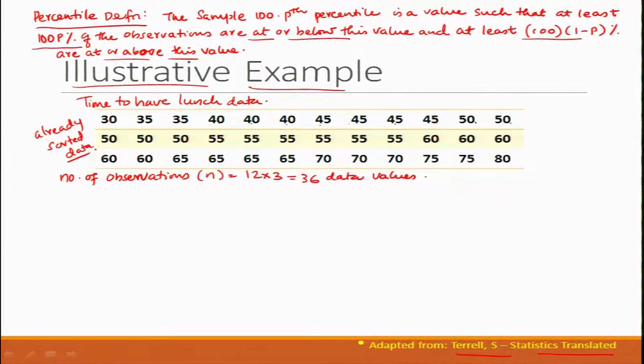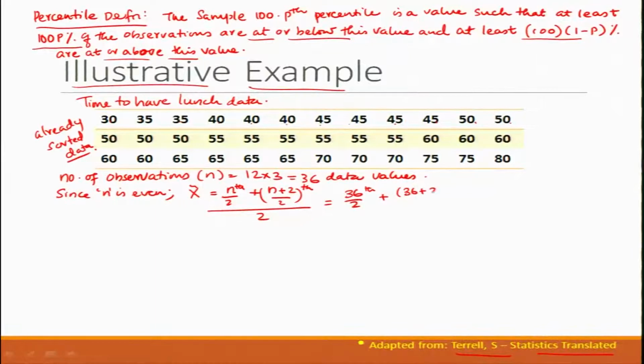There are 36 values. Since n is even, X tilde is the mean of the n by 2th and n plus 2 by 2th observations, where n is 36. So, 36 by 2 is 18, and the 18th and 19th observations' average is what we need to take.